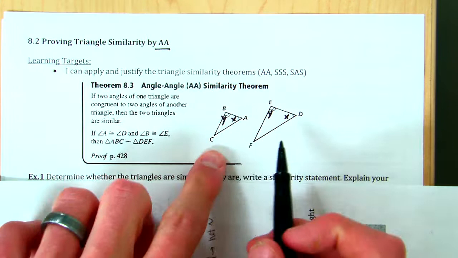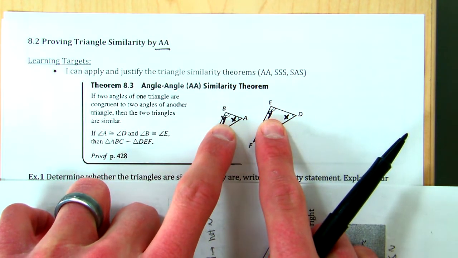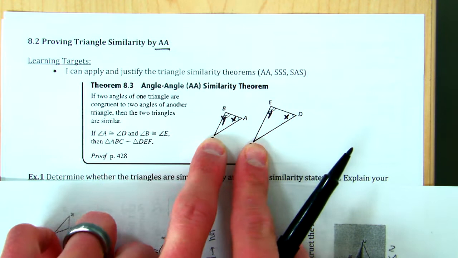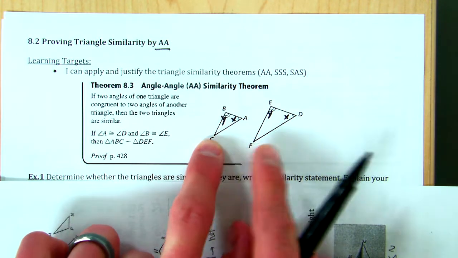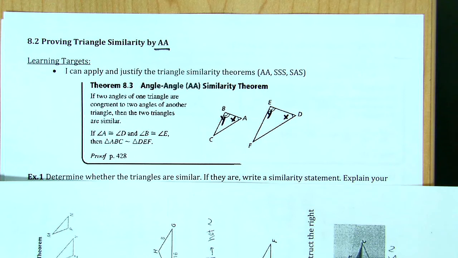So if I take 180 and I subtract X and I subtract Y, I'm left over with the same thing. I'm left over with angle C and I'm left over with angle F. So angle C and angle F would also have to be the same. Therefore, all the angles are the same. Therefore, it's similar. Okay? So you actually only need two to prove similarity, and that's what we're going to look at in these examples here.